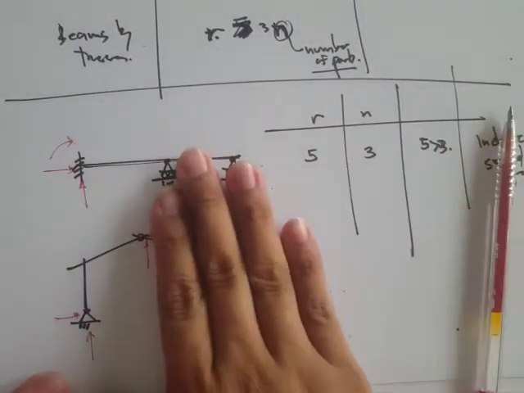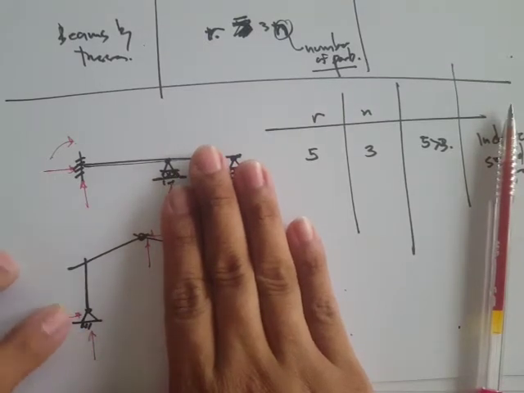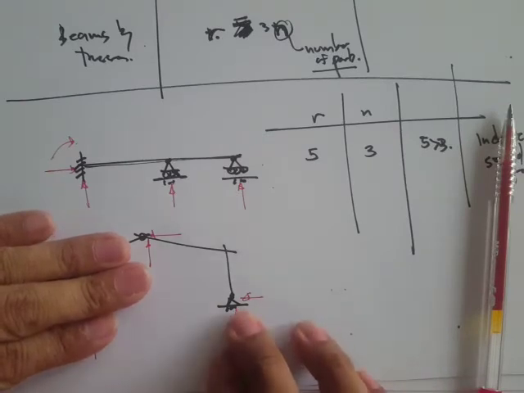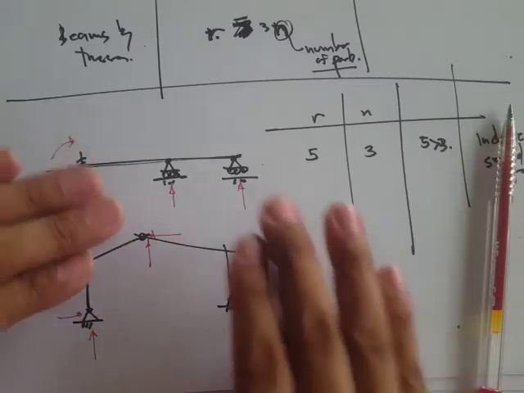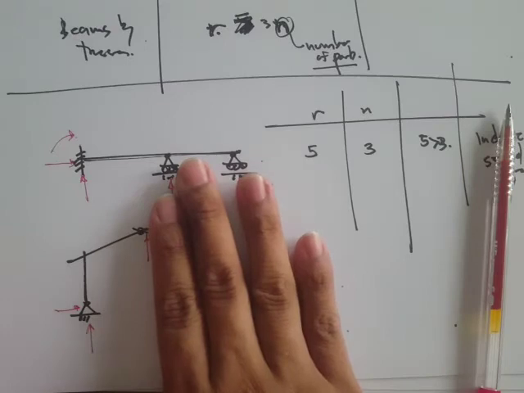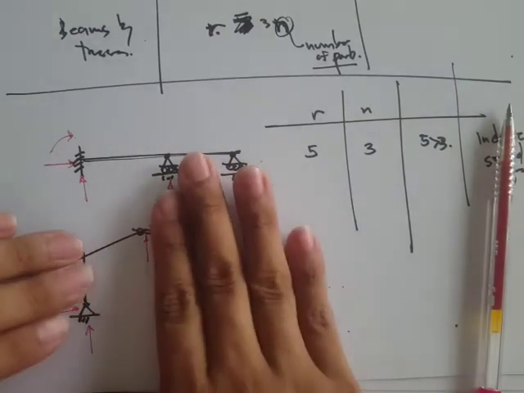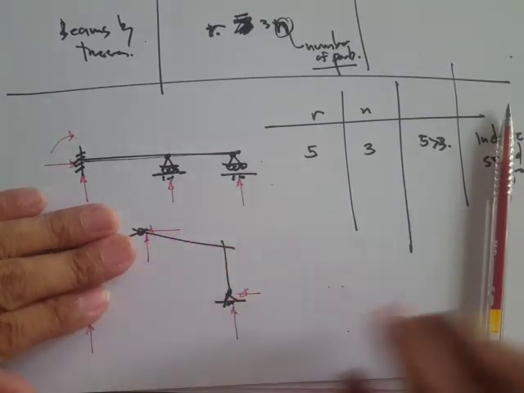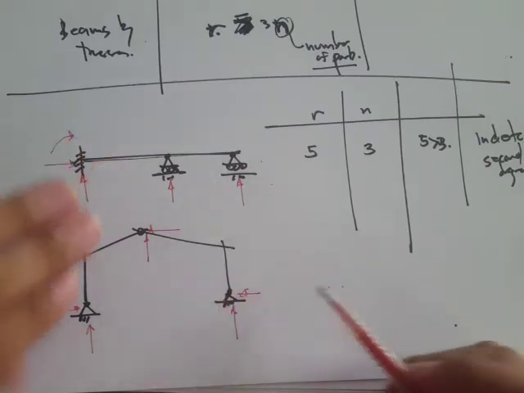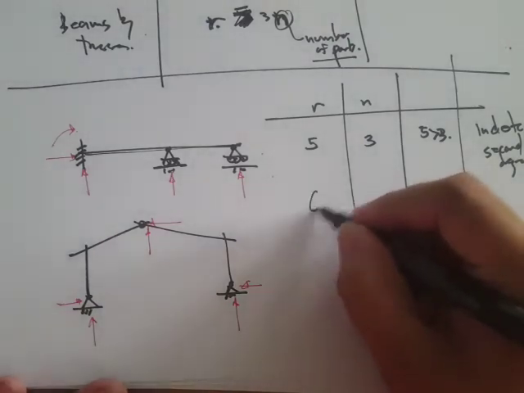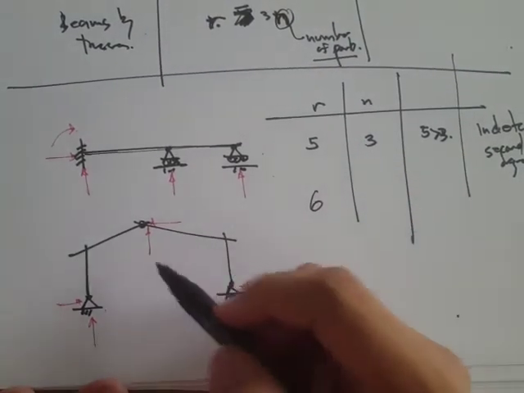So we have reactions here and then reactions at the joint. Or if you try to look at this side, that's the same. So basically, this force is the same if you are trying to look at the right side, so they're just the same. So if you count 1, 2, 3, 4, 5, 6, we have 6.